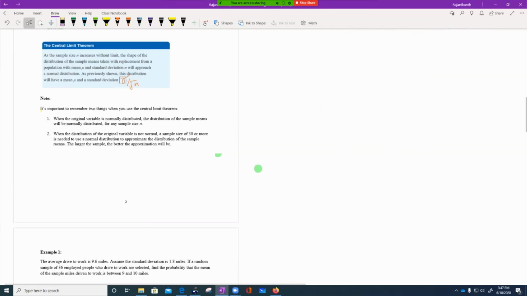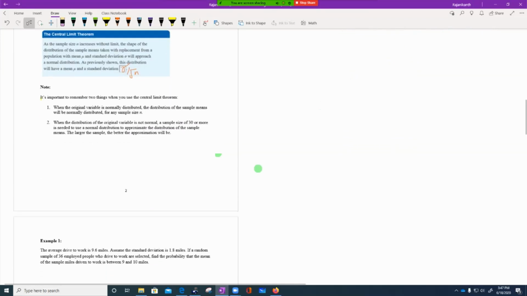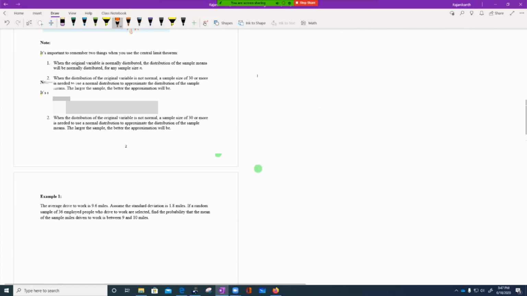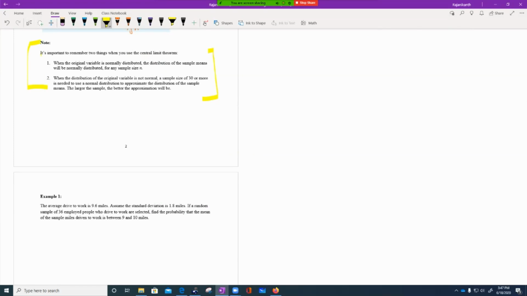Okay, so now this is the note you need to include. Make sure that you include this in your notes. This is not there in your notes, so make sure you include these couple of notes.